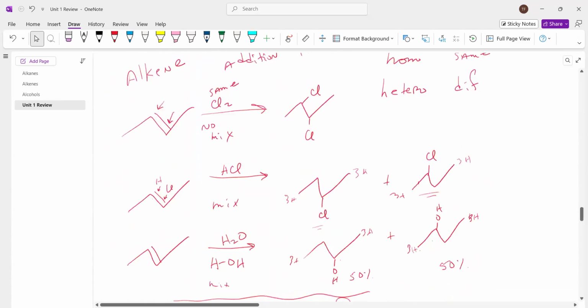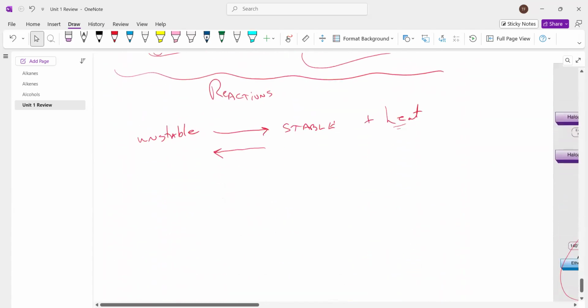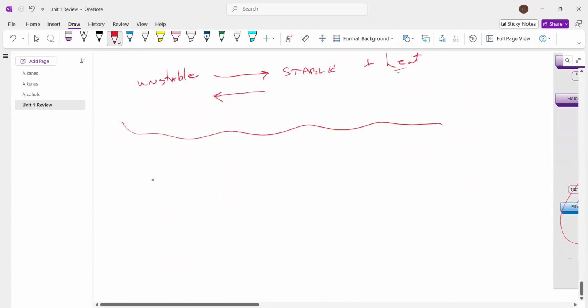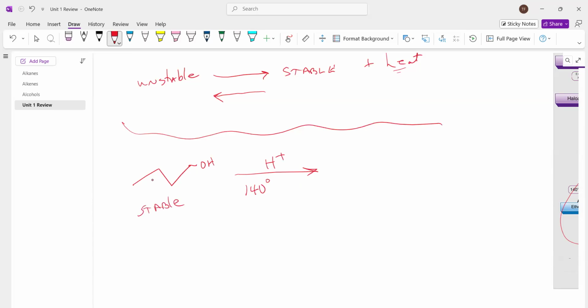So when we have an alcohol like this, for example, and we add some acid and some heat, if we add that much heat, that's enough heat to create an unstable alkene.